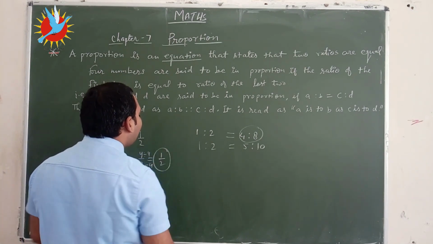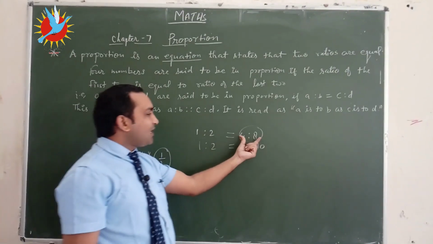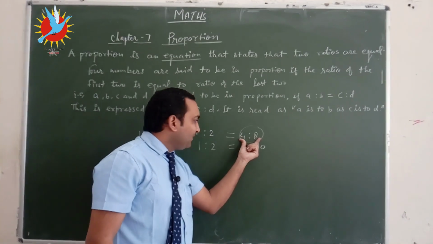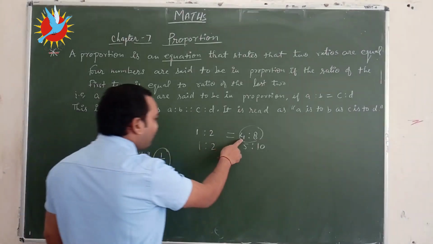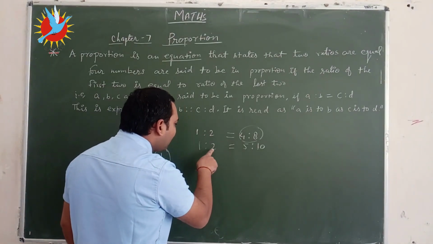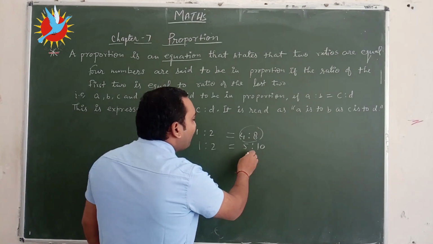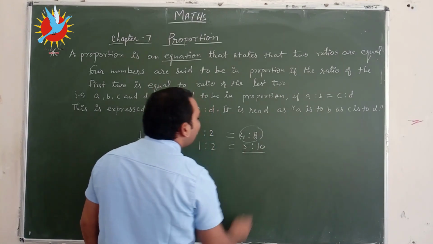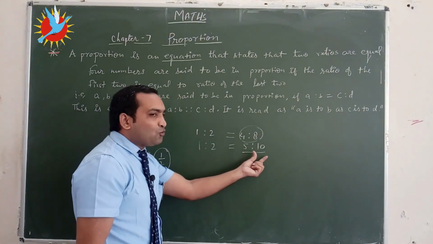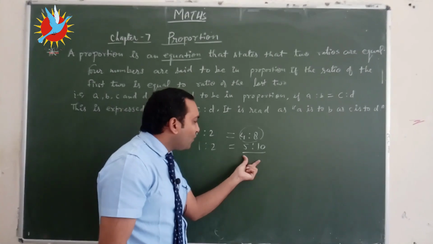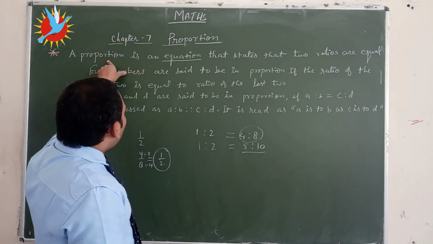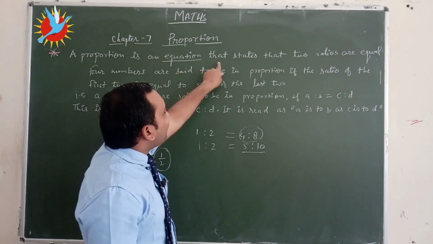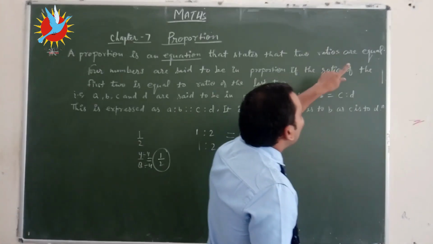This is also 1/2, so 4:8 is also 1:2. And 5:10 is also the same as 1:2. So proportion is an equation that states that two ratios are equal.